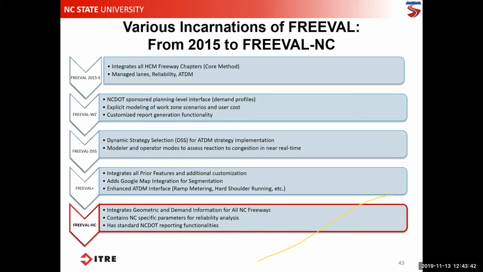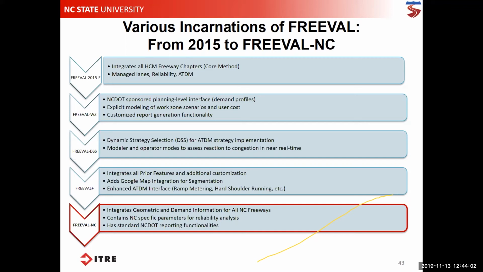FREEVAL has existed since 1999, but the recent versions are after HCM6, 2015E, and there are some evolutions of FREEVAL versions. Depending on new research that comes in and gets incorporated, we have a newer version of FREEVAL.